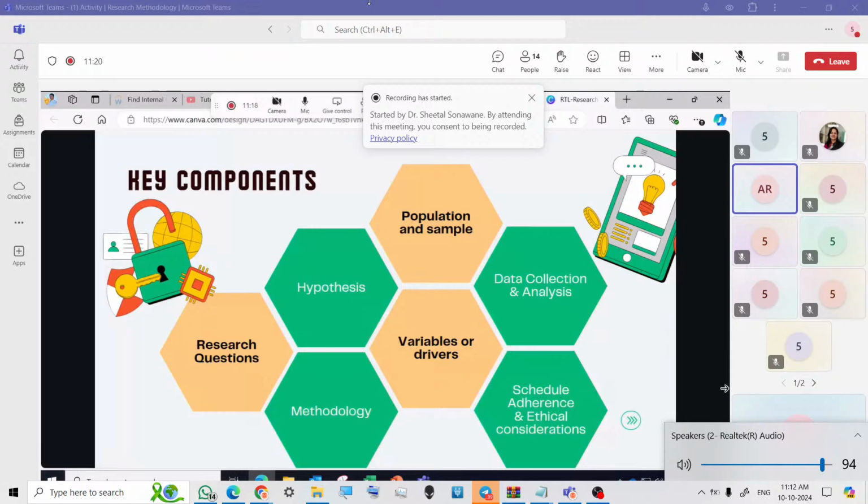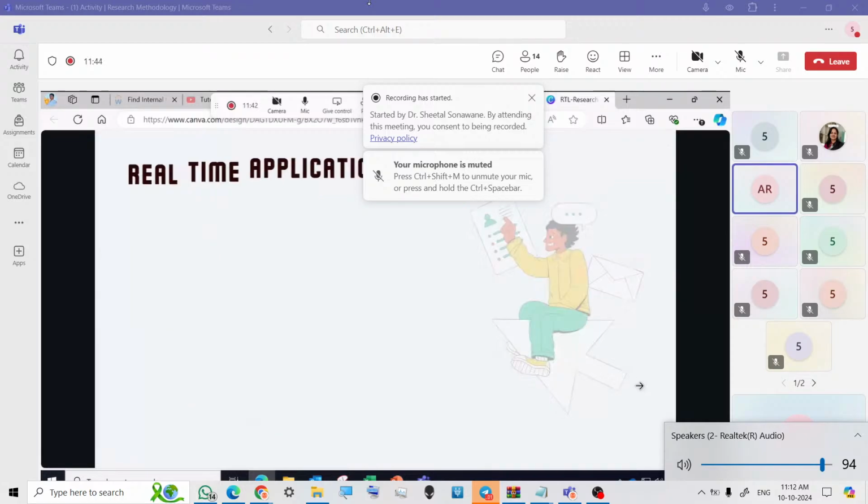Then population, sample, data collection and analysis, schedule adherence, and ethical consideration. Taking a few seconds pause over here, let me know if you are following me or you are having any questions. Okay, taking your silence as no.